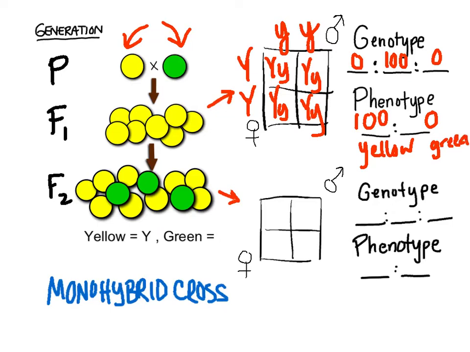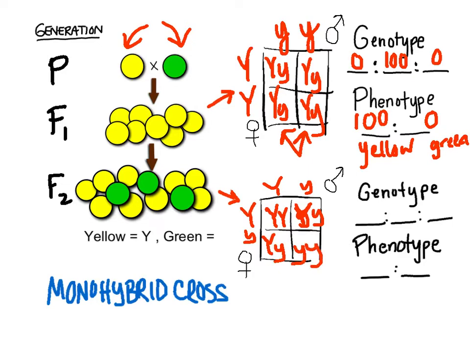Now when I look at my F2 generation, I'm going to cross 2 of these guys together. So I'm going to look at big Y, little y, big Y, little y. I'm going to cross these, and it's going to look like this. Oops, this is actually a big Y. Big Y, little y, and little y, little y.